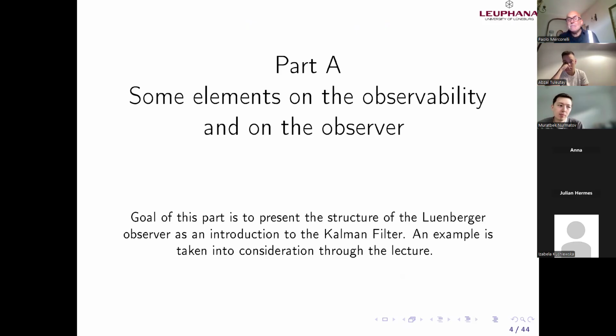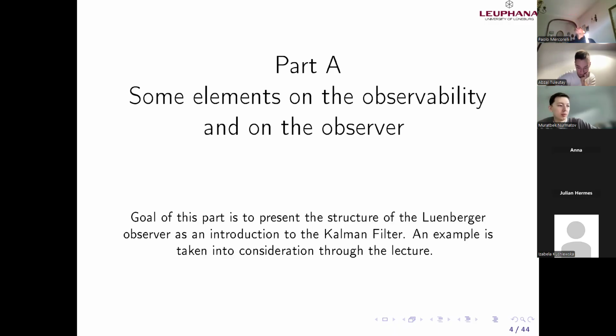Observer, observability, systems, modeling. I try to clarify the glossary, some elements on the observability and on the observer.